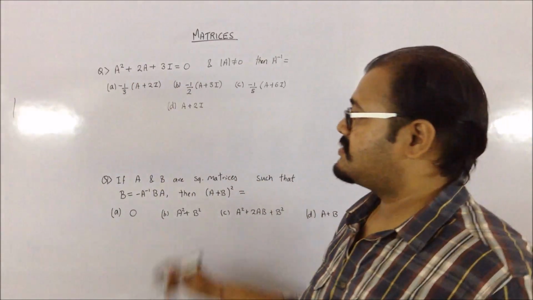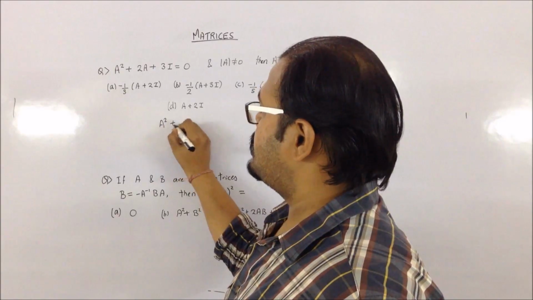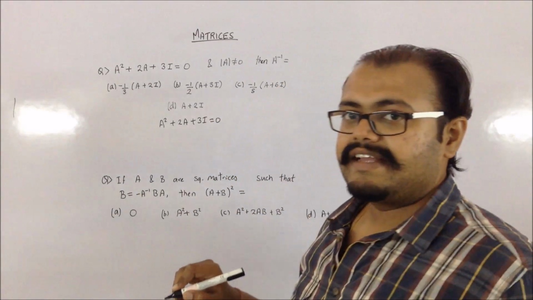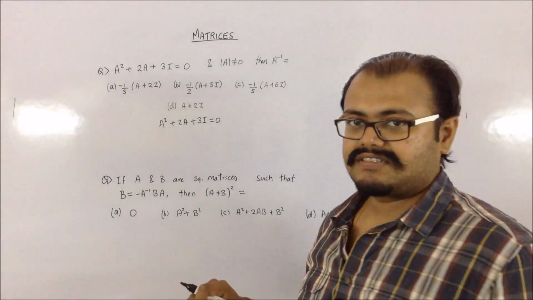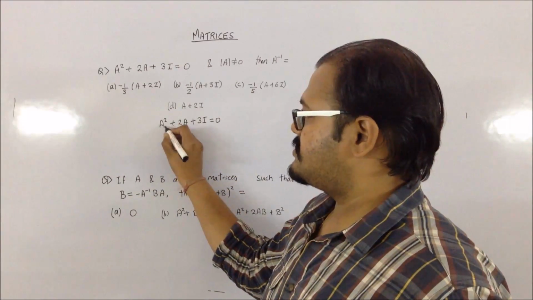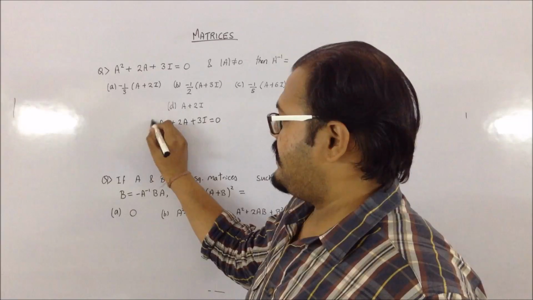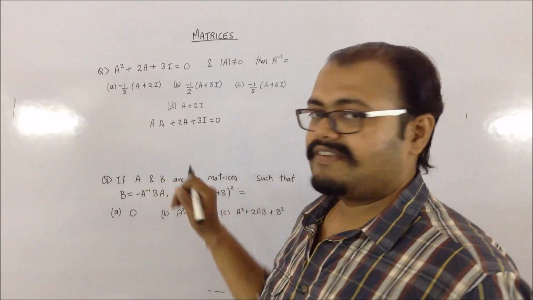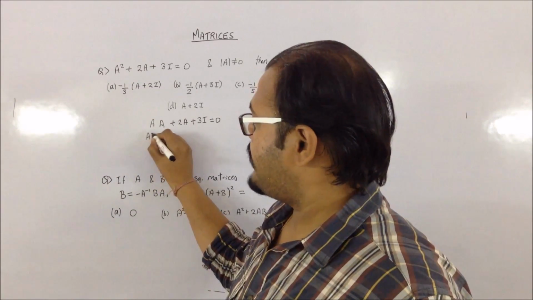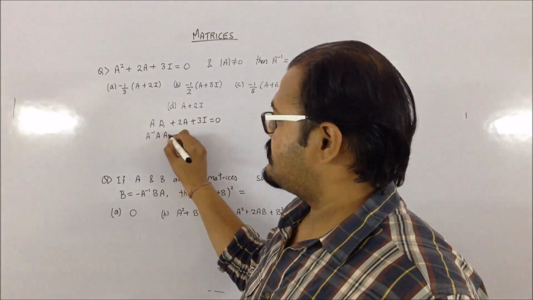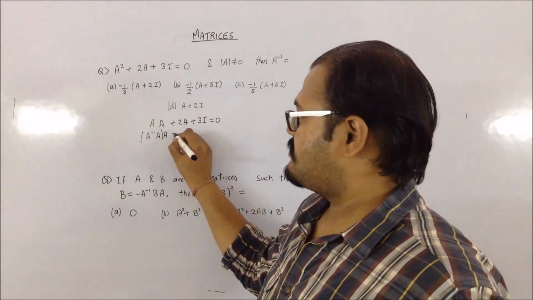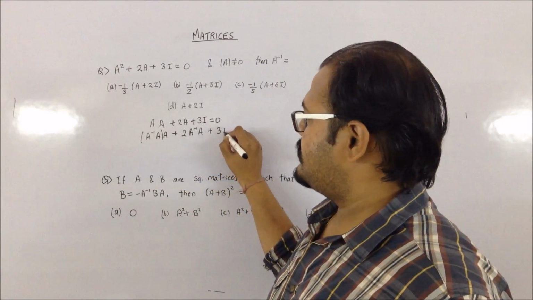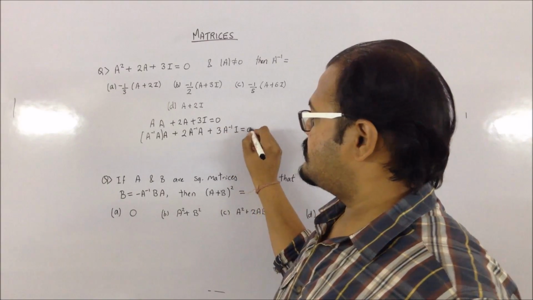Now what you will do is, if A square plus 2A plus 3I equals 0, in this you will multiply throughout by A inverse. So once you multiply throughout by A inverse, this A square is basically A into A. So whenever A inverse is multiplied into A, it will become I. You will have A inverse into A into A, so this part becomes I into A, plus 2 into A inverse A, plus 3 into A inverse I, which is 0.